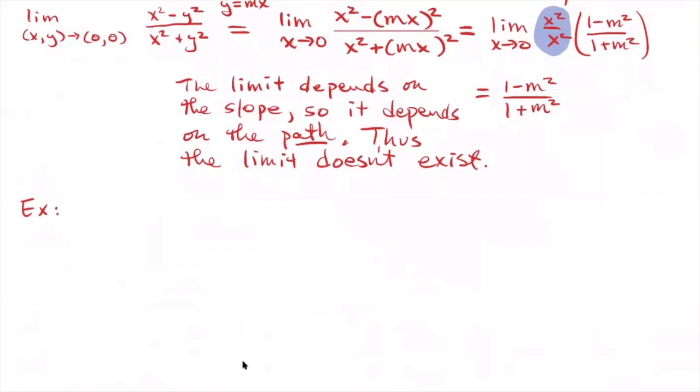Okay, I want to show you another example real quick. Here we're going to do the limit as x, y approaches 0, 0 of 2x squared y over x to the 4th plus y squared.